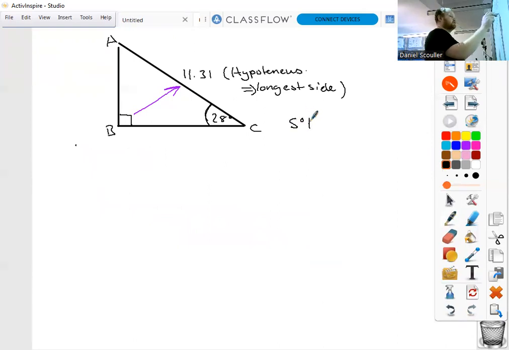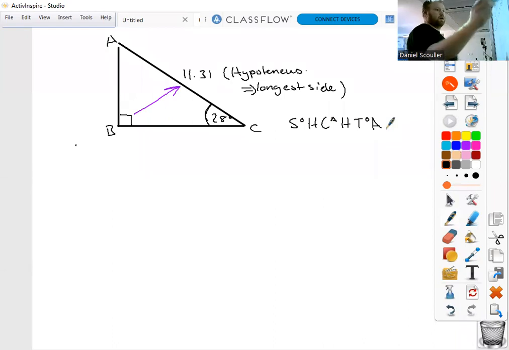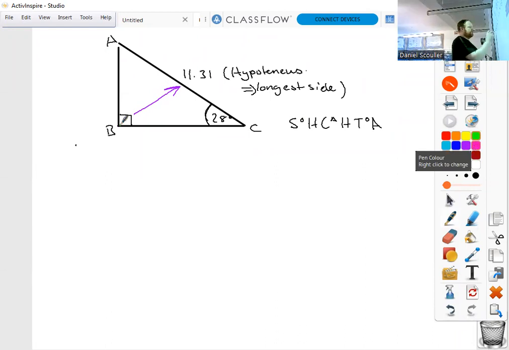What we need to use is SOHCAHTOA. Okay. What have we got? What are we trying to find? Well, we're trying to find BC. We've got an angle, 28 degrees, and we've got the hypotenuse.